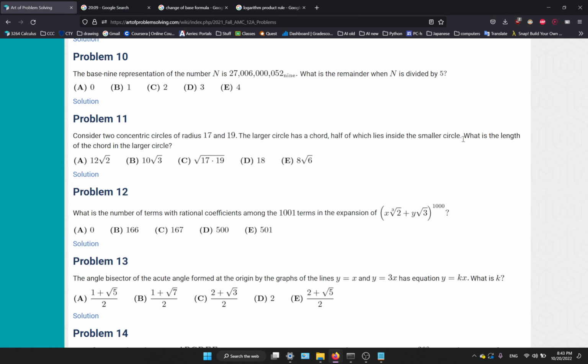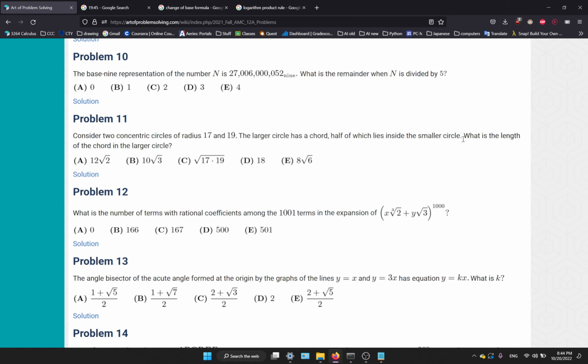But this is actually cheating. You can't actually draw circles like this in the actual test, but I'm using an iPad. And so we're just gonna draw the center again.